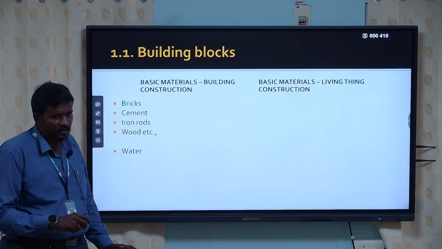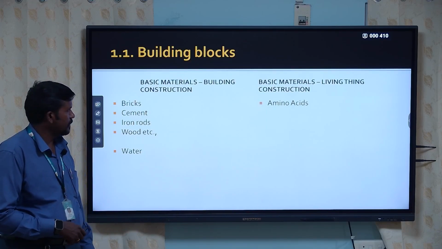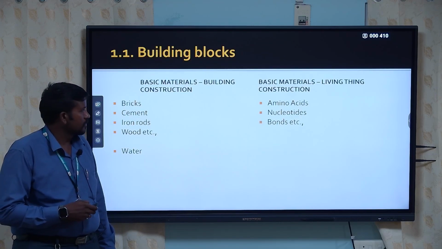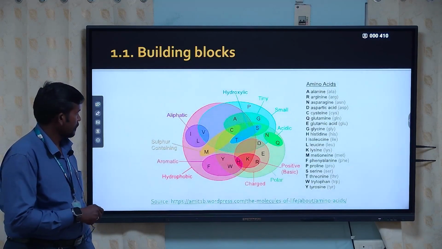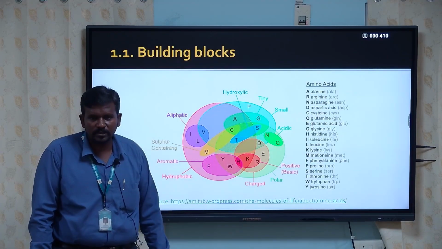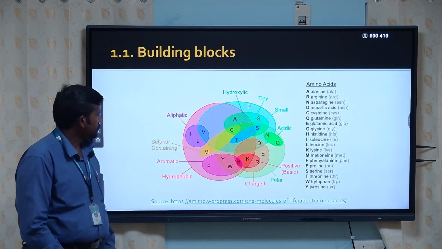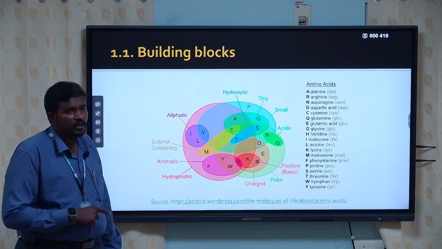Similarly, for a living thing, especially a multicellular organism, we need amino acids, nucleotides, bonds, and skeleton. This is the single image representation of all the amino acids, the 20 essential amino acids, with their physicochemical properties.